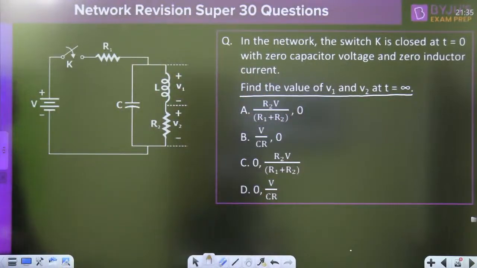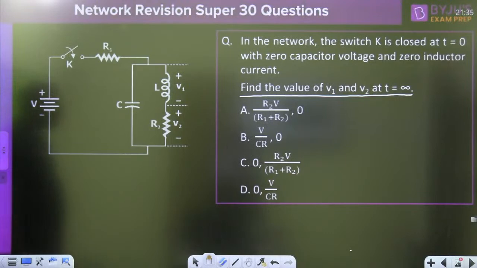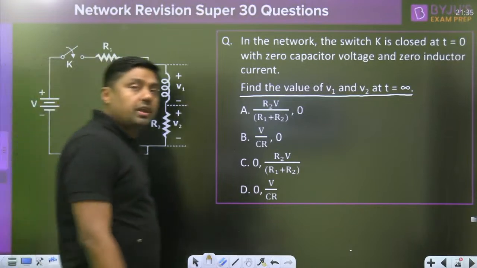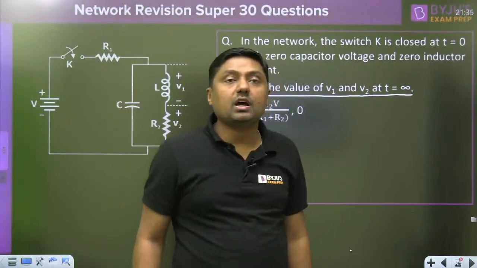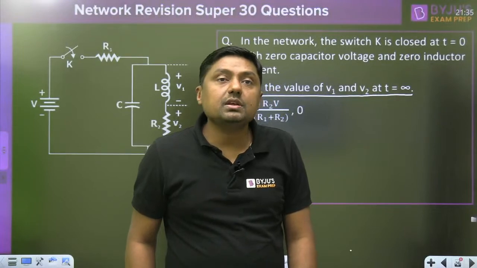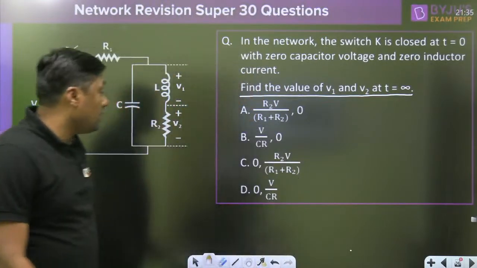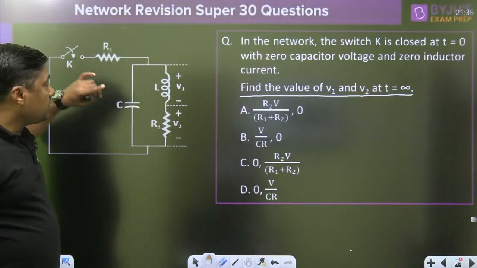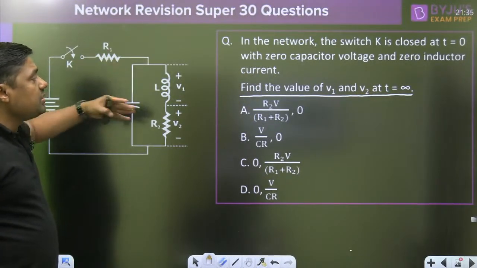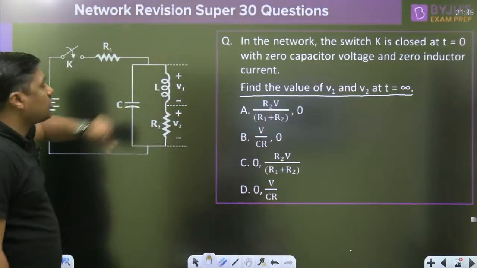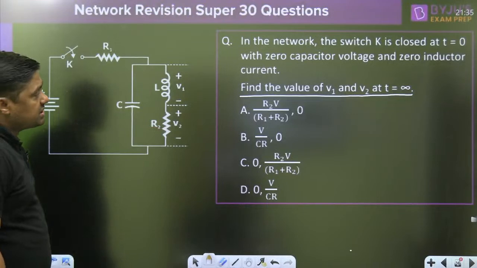This source is a DC source, and V voltage is given, R1 and R2 are given. Be careful: respectively means you first give the value of V1 and then V2. V1 means voltage across the inductor, V2 means voltage across the resistor.